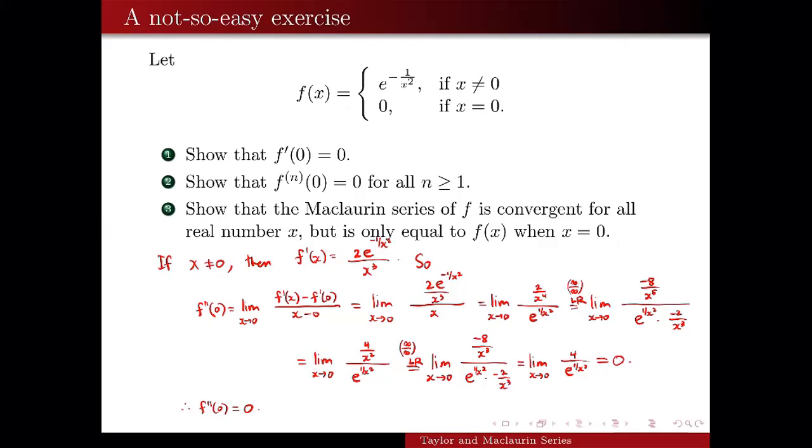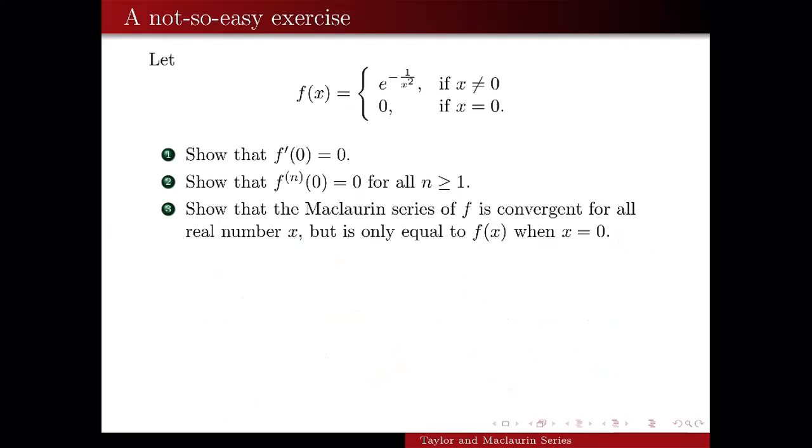Let's do this number 3 now. So we are now in number 3. Cn, this will be this guy here. Cn is the nth derivative of f evaluated at 0 over n factorial.